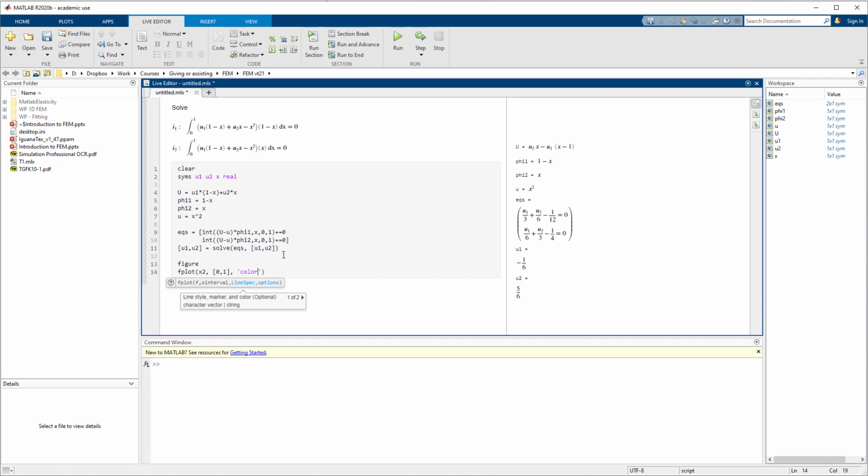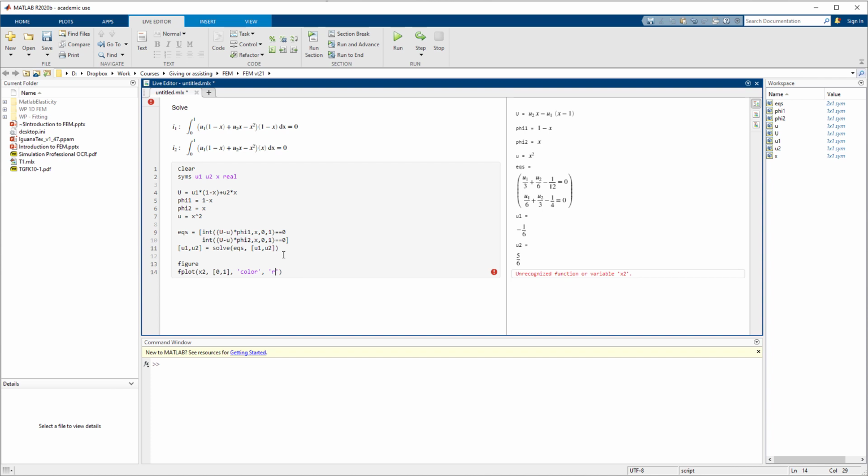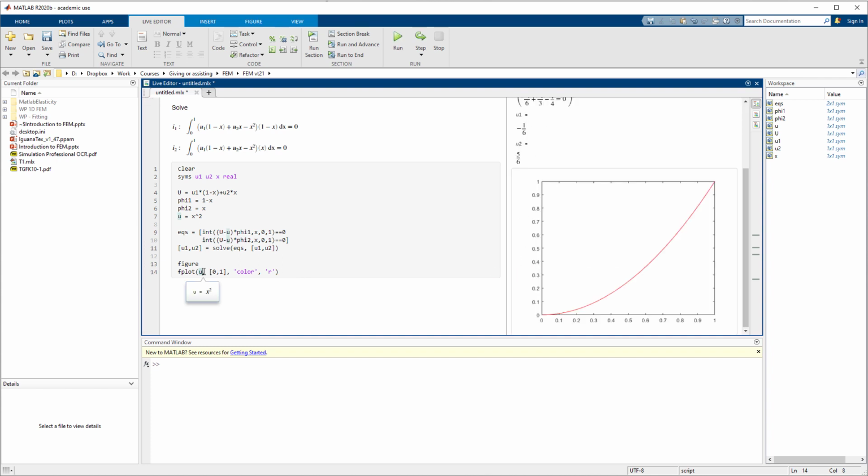So I'm saying color, and I'm doing R for red. So here's my graph of how that looks. Now I can pimp it with labels. You can say that this is X and Y label is Y.